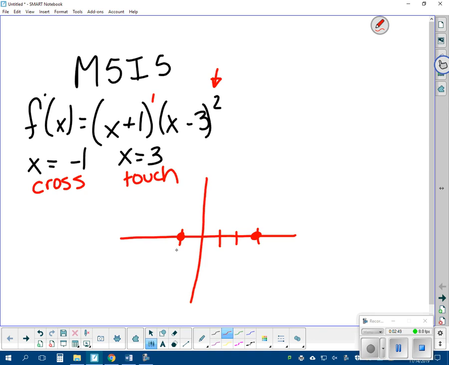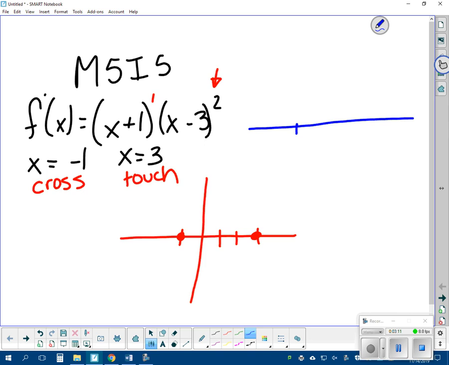How can we determine this? Well, you can use a test number, and one common way of doing it is making a sign chart. First, I'm going to draw a little line, and on that line, I'm going to mark my zeros.